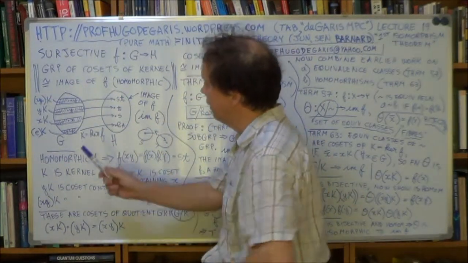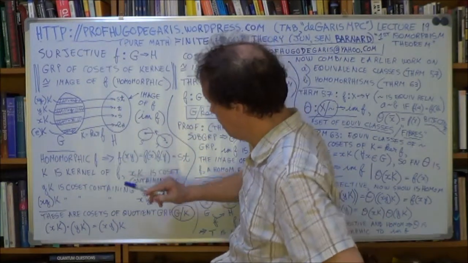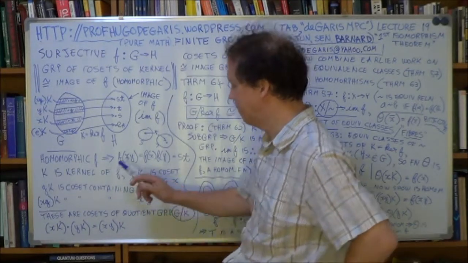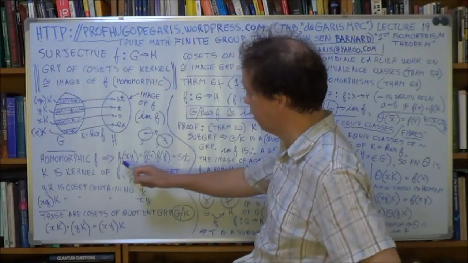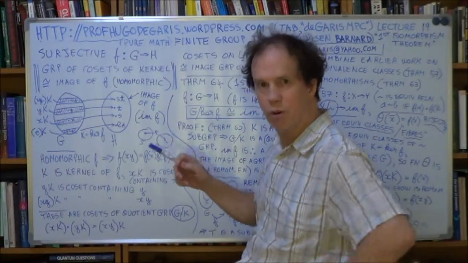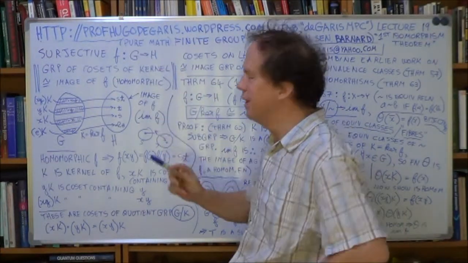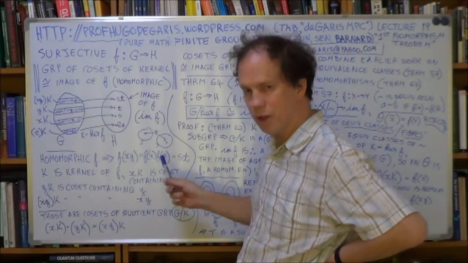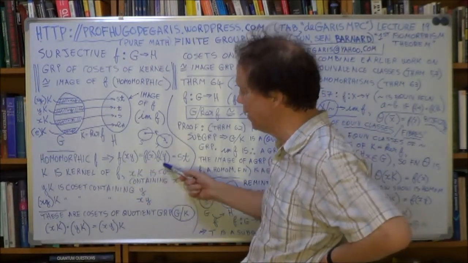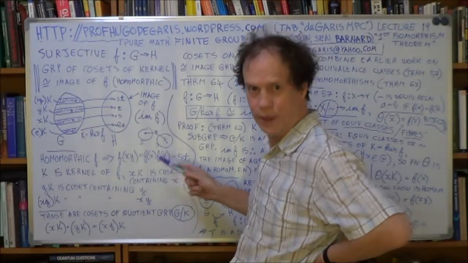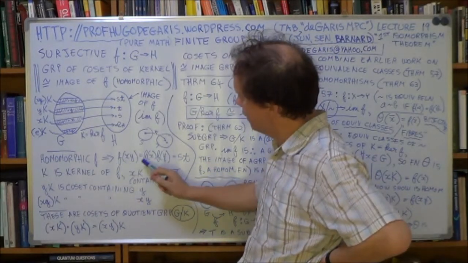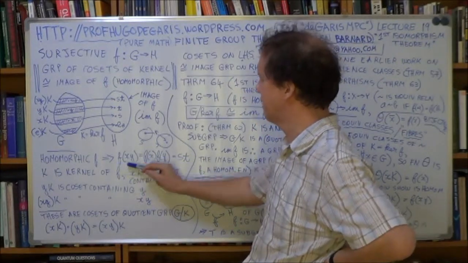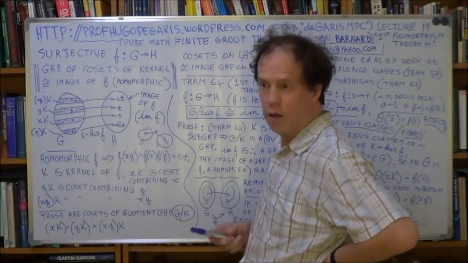Now, because f is a homomorphism, here's your homomorphic property, what I've been calling f of mn. But now, getting used to it in the homomorphic context, we could call this the homomorphic property. So f of xy equals f(x) f(y). That's the condition for homomorphism.